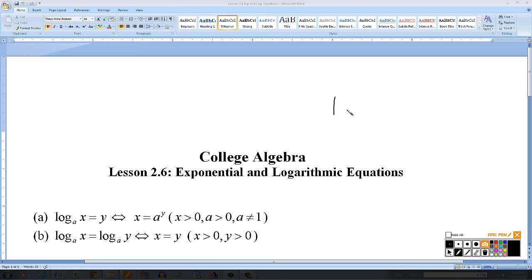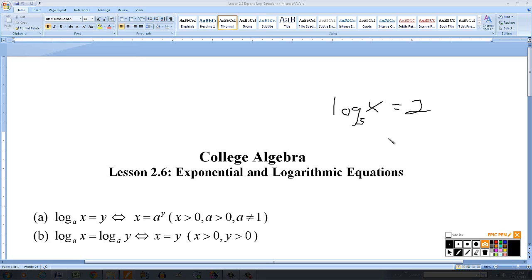Property A basically states, if I have the log of, say, x to base 5 equal to, say, 2, and I want to solve for x. Well, if you want to solve an equation and it's a single logarithm, that's the easiest one to solve, because all you've got to do is put it in exponential form.